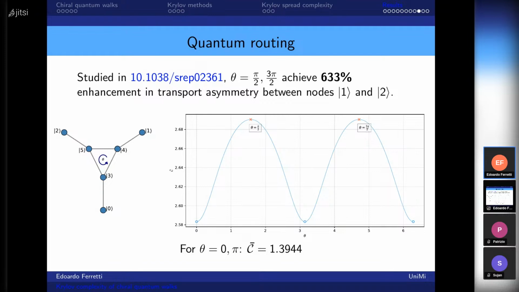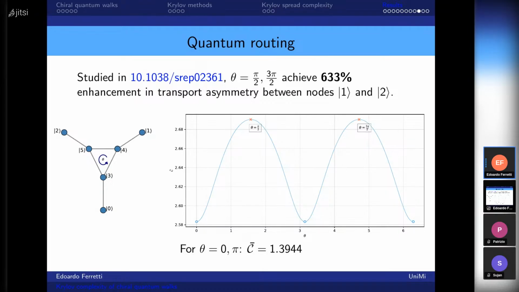In particular, values of theta equal to pi/2 or 3/2 pi achieve a 633% increase in fidelity, which is just enormous.